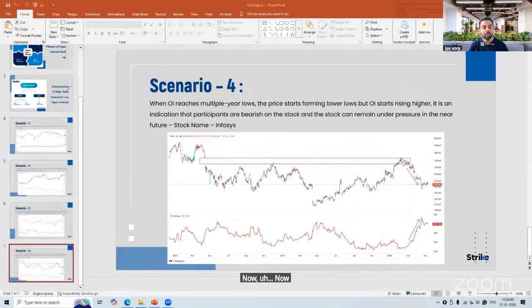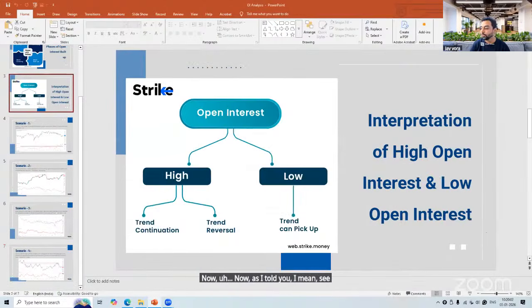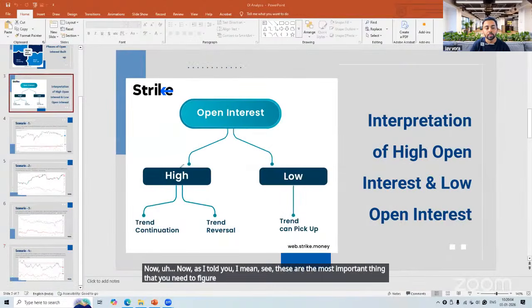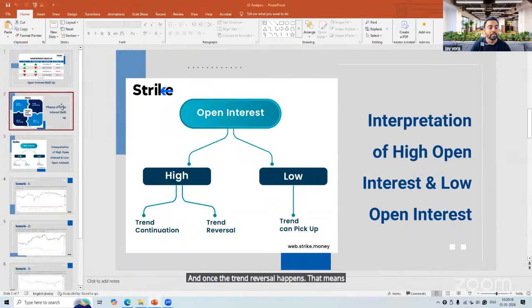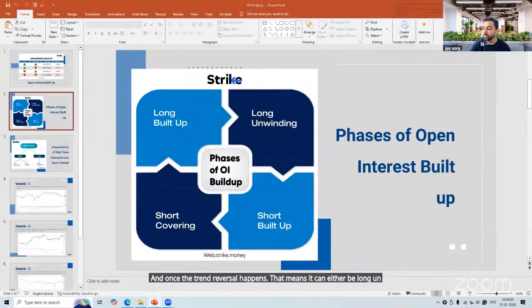As I told you, these are the most important things that you need to figure out. One is, where is it that the open interest is very high? And where is it that a trend reversal is likely to happen? Once the trend reversal happens, it can either be long unwinding or short covering.